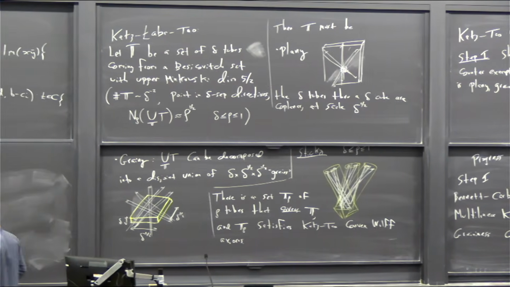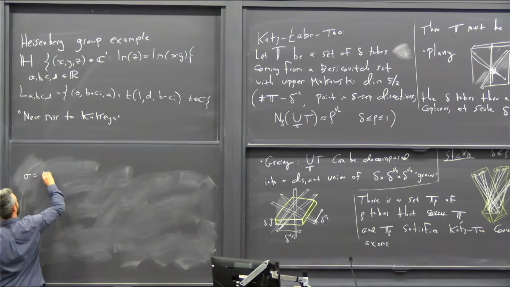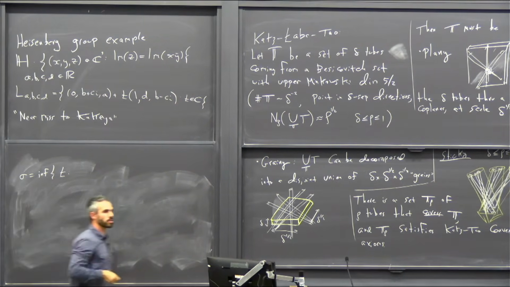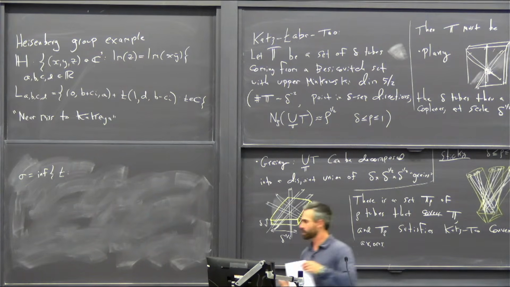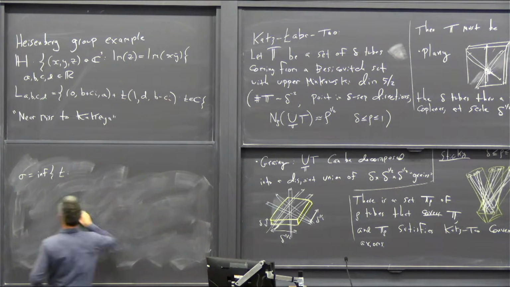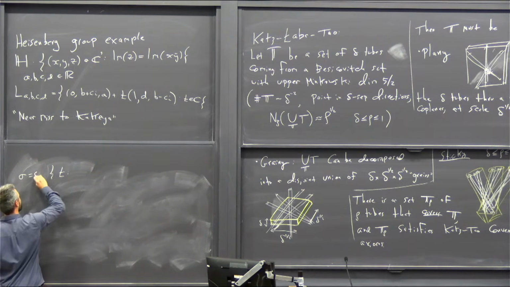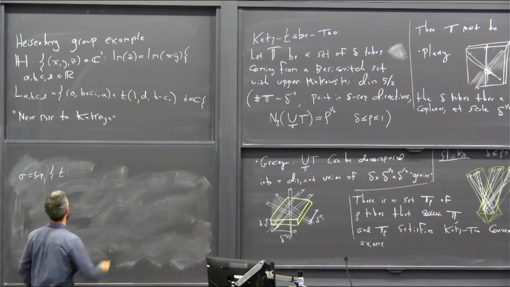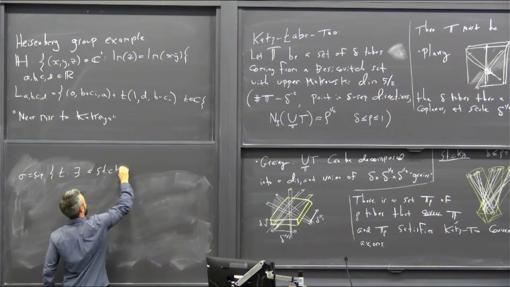Who knows? So I want to get my hands on that, and I'm going to define sigma as the infimum over all T so that there exists a sticky Kakeya set. Actually, sorry. Let's do it as the supremum over all T, so that there exists a sticky Kakeya set of dimension 3 minus T. So maybe I'll say that in words, and then I'll say something precise.